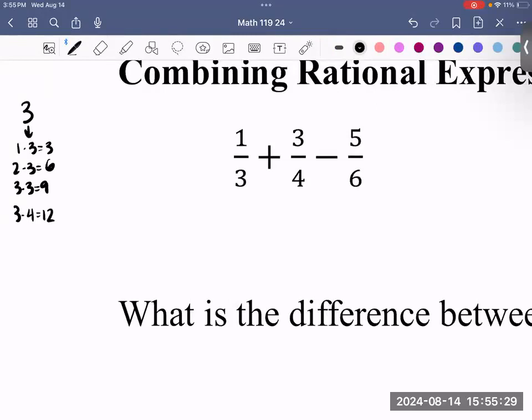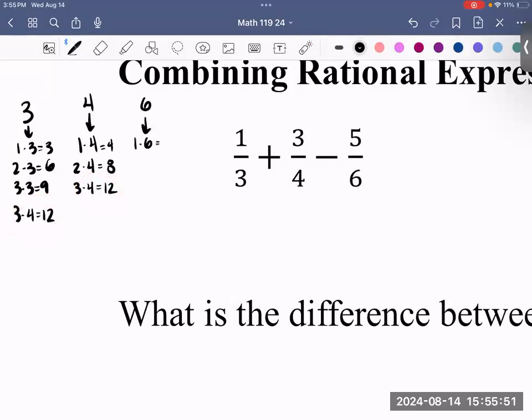So sometimes you can write out a few of these to get started for your LCD. Do the same with 4: 1 times 4 is 4, 2 times 4 is 8, 3 times 4 is 12. So if you're noticing, these actually already have a 12 in common, that looks promising. And then if you already know, well, what does 6 have in common?